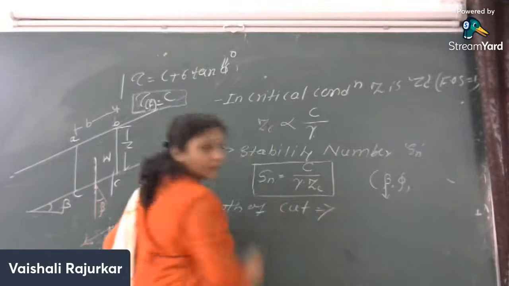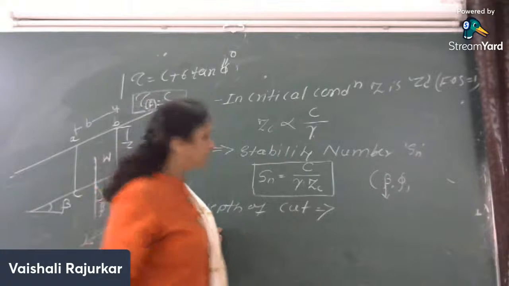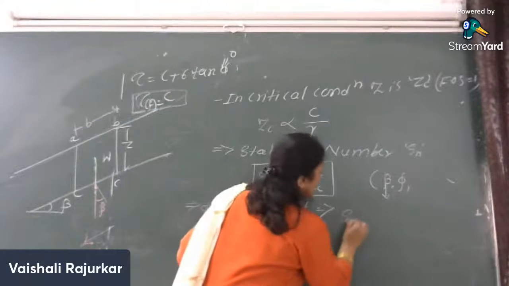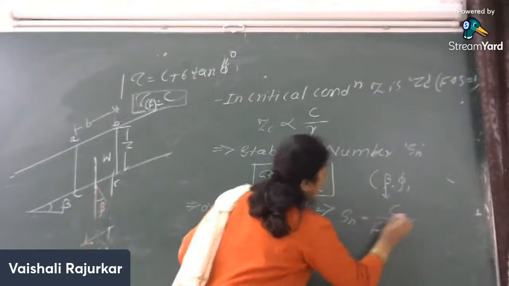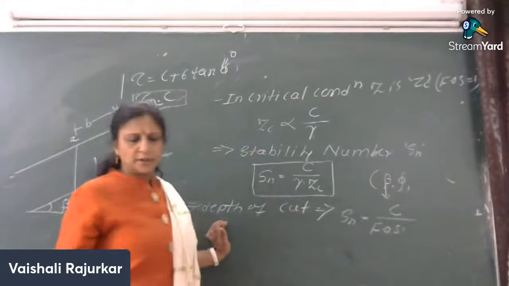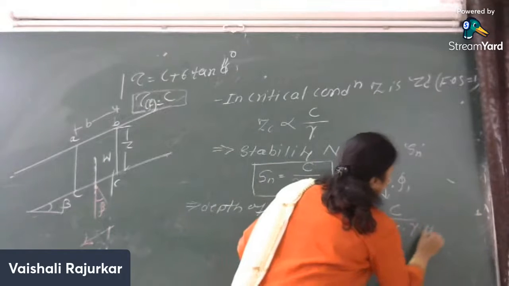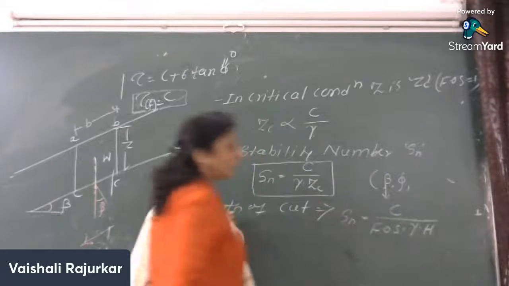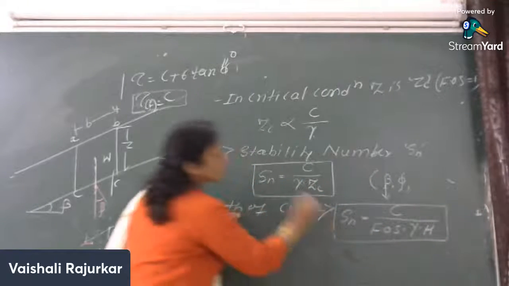You will obtain the equation, that is factor of safety, or Sn is equal to C upon factor of safety into gamma into H. What is H? H is the depth or the height of the slope.